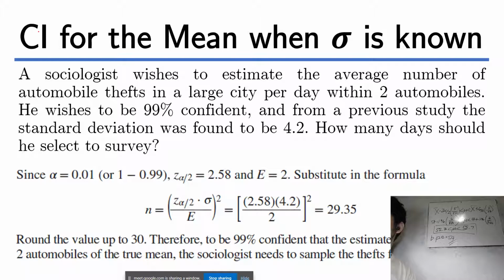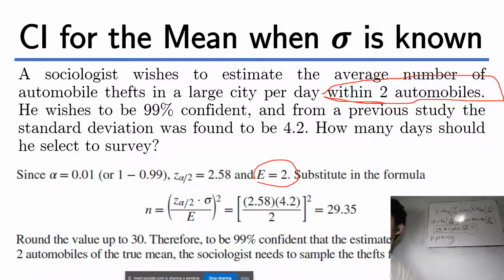Okay, guys, sige, ito, game. Sample size yung hinahanap natin. Ito guys, pag meron kayo nakitang within 2 automobiles, within, the word na within, yun yung value ng E, okay? Tandaan nyo yun.